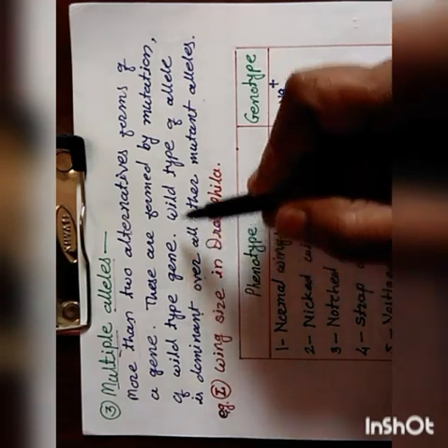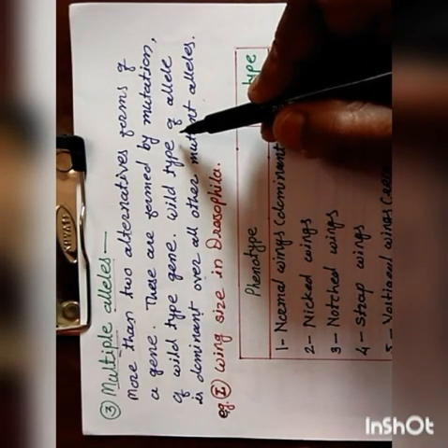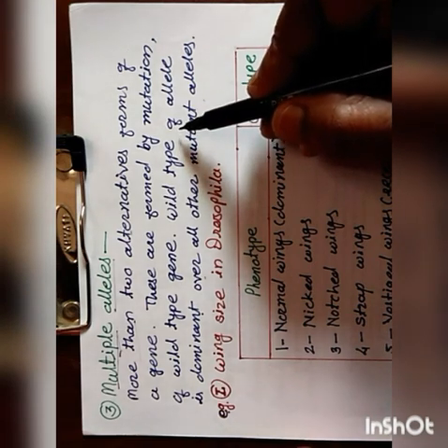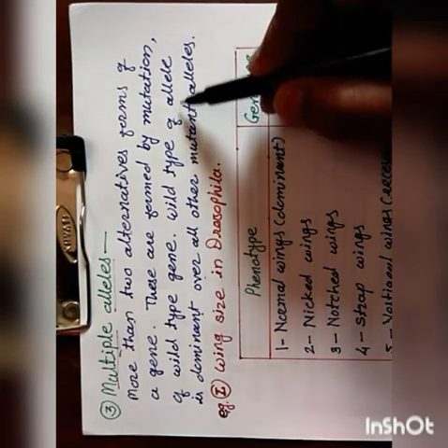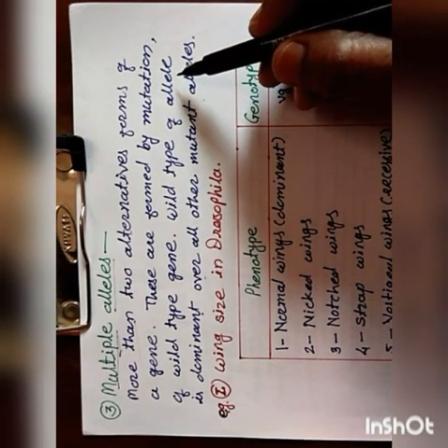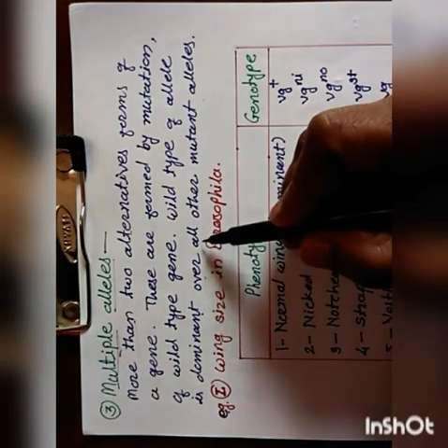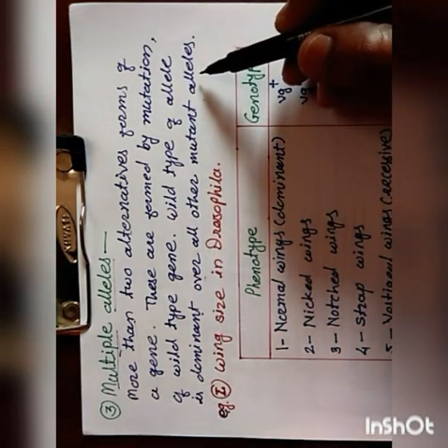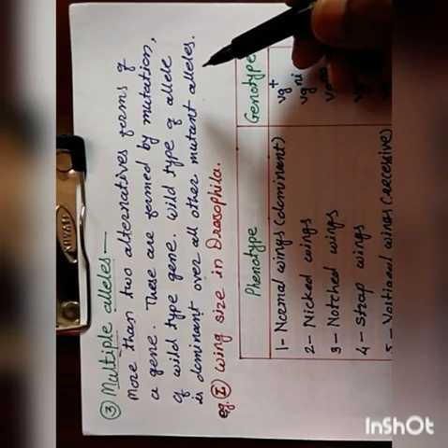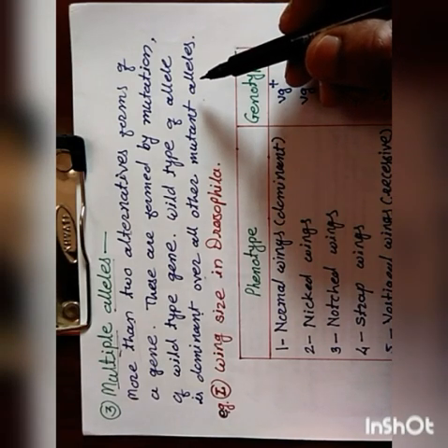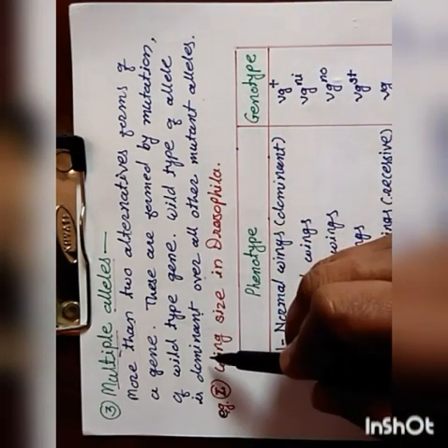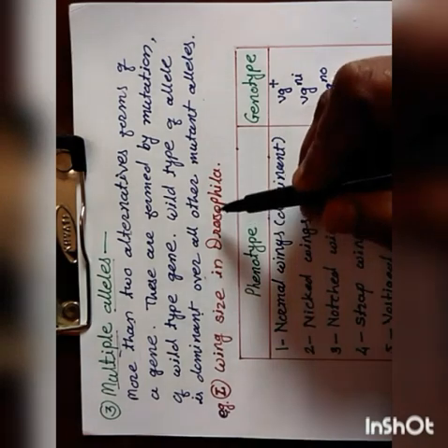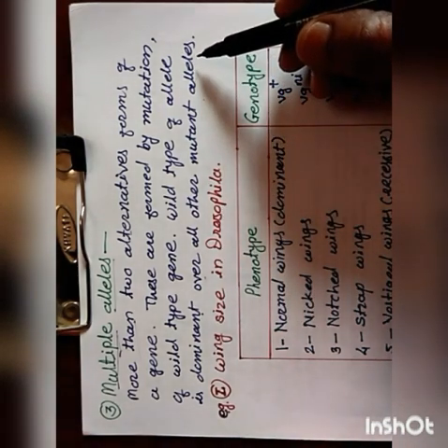During mutation, this wild type gene undergoes mutation several times, and it produces many mutant alleles, and out of these mutant alleles one allele is dominant over all the other mutant alleles. Means the alleles produced by mutation are multiple alleles, and out of these one is the dominant allele while the others are recessive alleles.